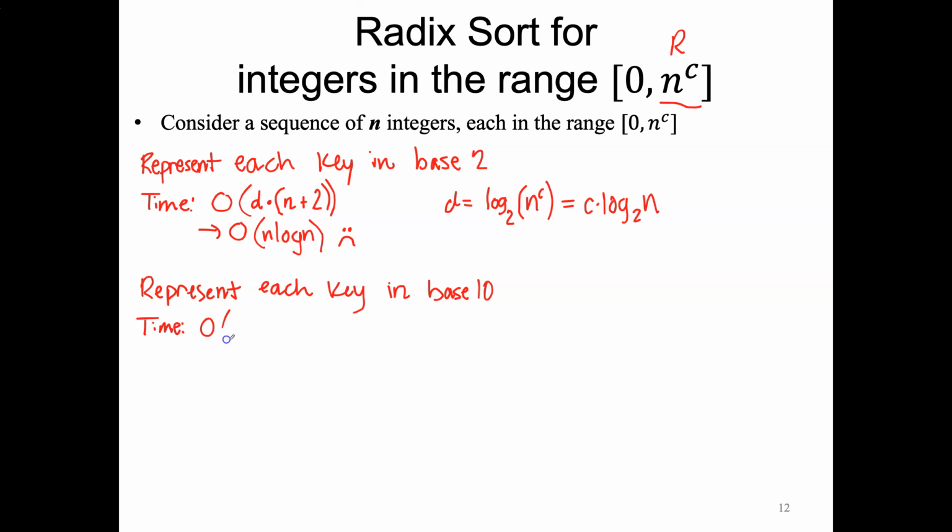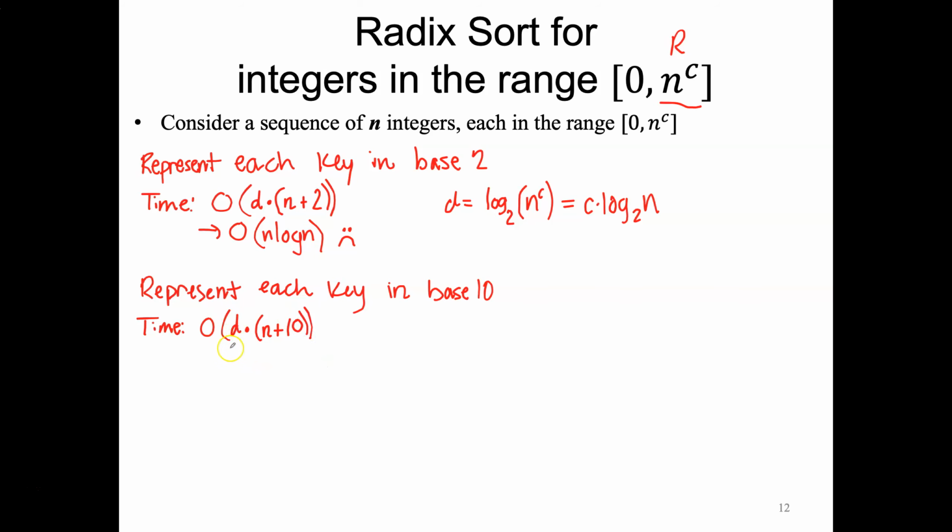Our running time will be however many dimensions we have times how many elements we have, which is n, plus the range of those elements. Now if we put it in base 10, our keys won't be bits anymore, but digits, so they'll be anywhere between 0 and 9. So we have here 10.